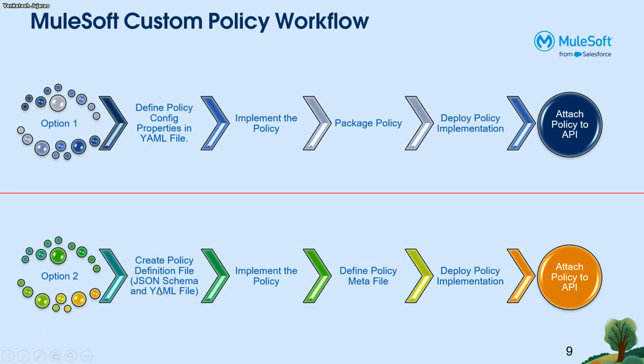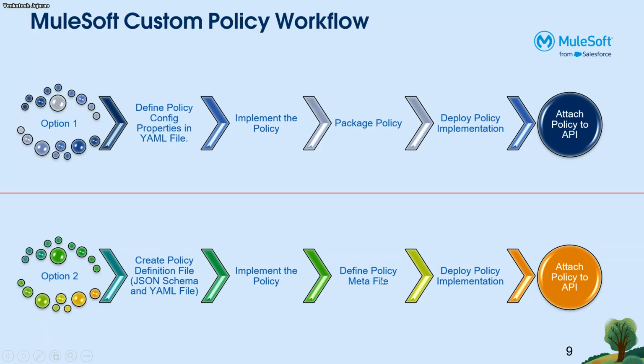The JSON schema holds the attribute level information. To make this policy work, all the attributes that need to be configured have to be mentioned in the JSON schema now. After that, we use the same .xml file to implement our logic, and then we define the meta file, which is a newly introduced file.